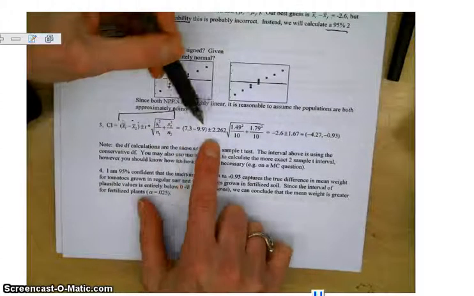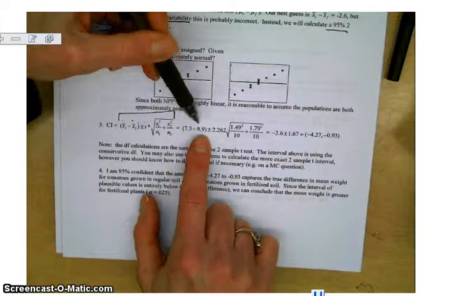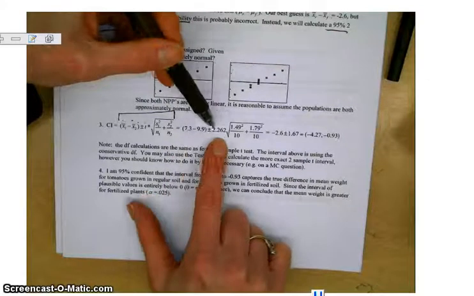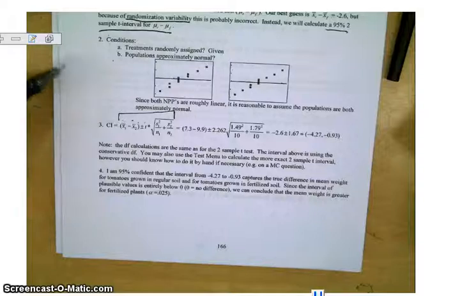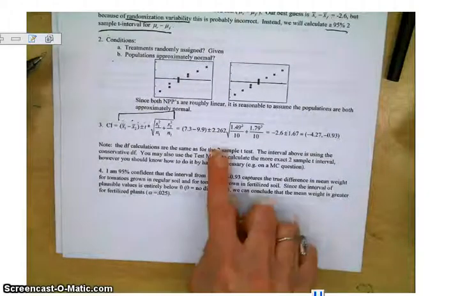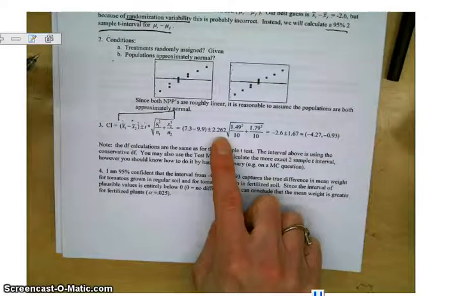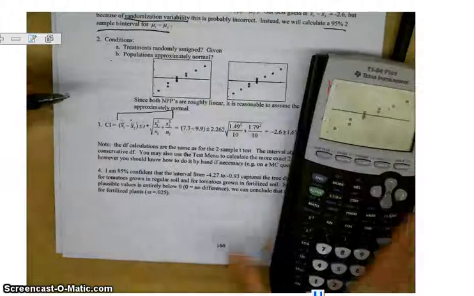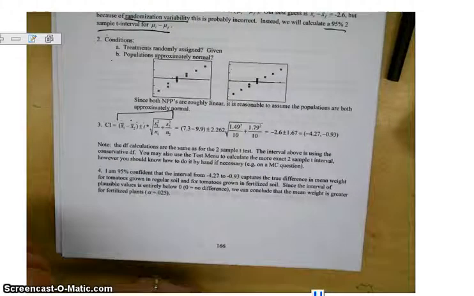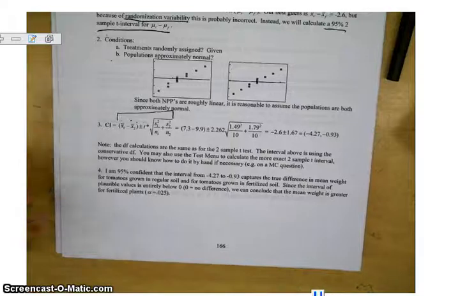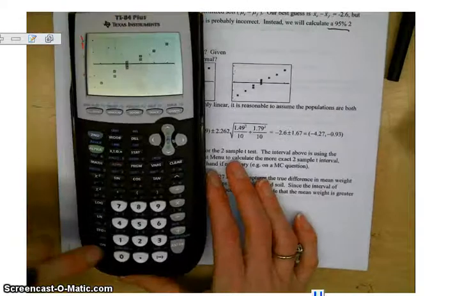And then they plug the numbers in, mean 1, 7.3 minus 9.9, 2.262 if you look up. Well, basically you let your calculator do it for you. But if you wanted to get the correct one, well, you can't unless you do the degrees of freedom. So we'll do this on the calculator.